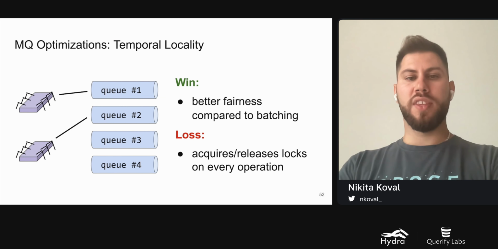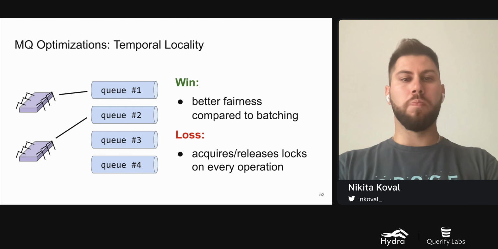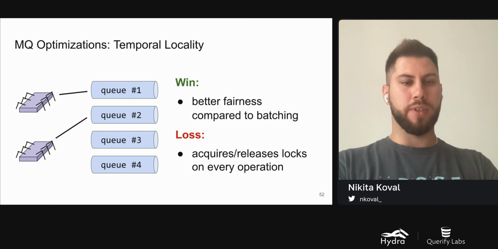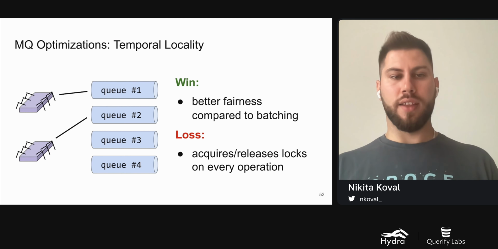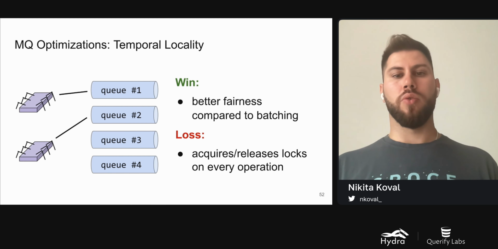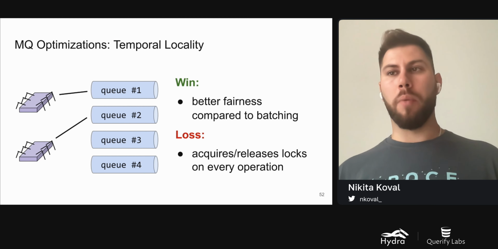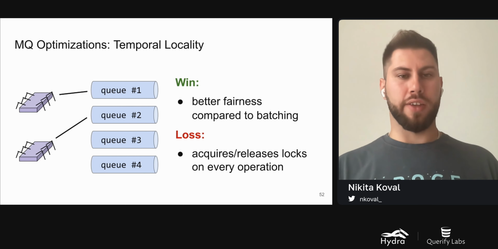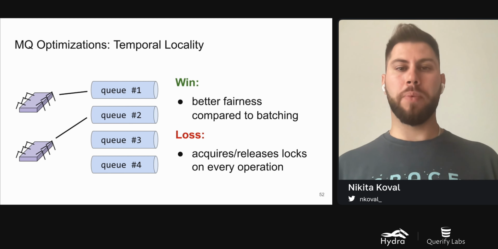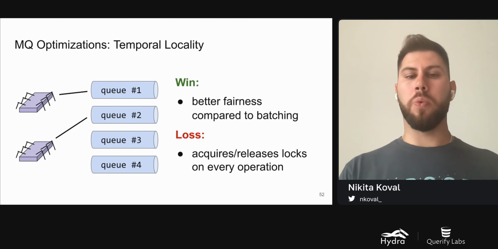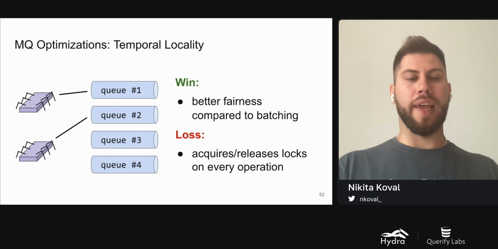With this design, we can provide better fairness compared to the task batching optimization because we really update the queue each time. So the tasks we extract are more likely to be the top tasks in the overall schedule. But compared to task batching, we need to acquire and release the corresponding lock on every operation.